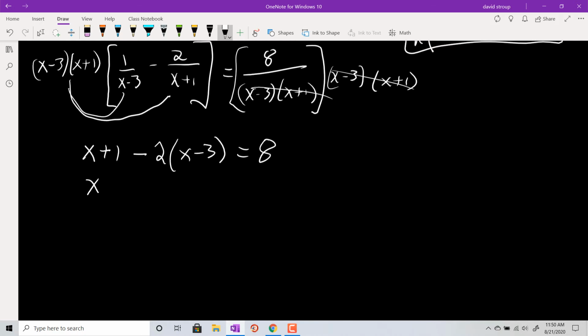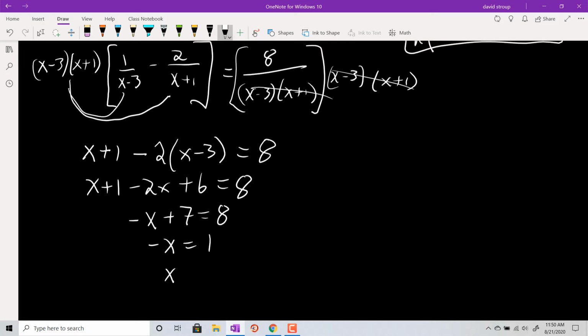Okay, so let's go at it. You can't leave it as negative x equals 1. You need to multiply that on both sides by negative 1 to get a positive x.